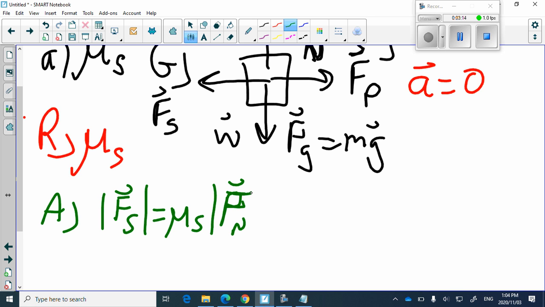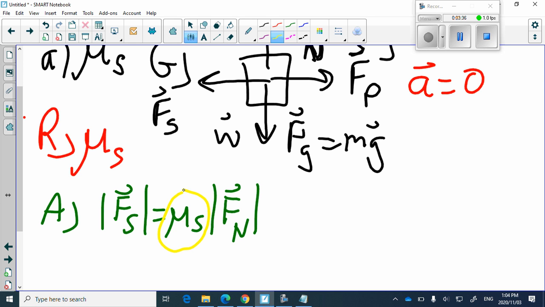Let me write that again. That's a horrible F. This is the only equation that's got what I'm solving for in it. That's why I circled it there. It's the only equation that has that in it. So I need this particular equation.